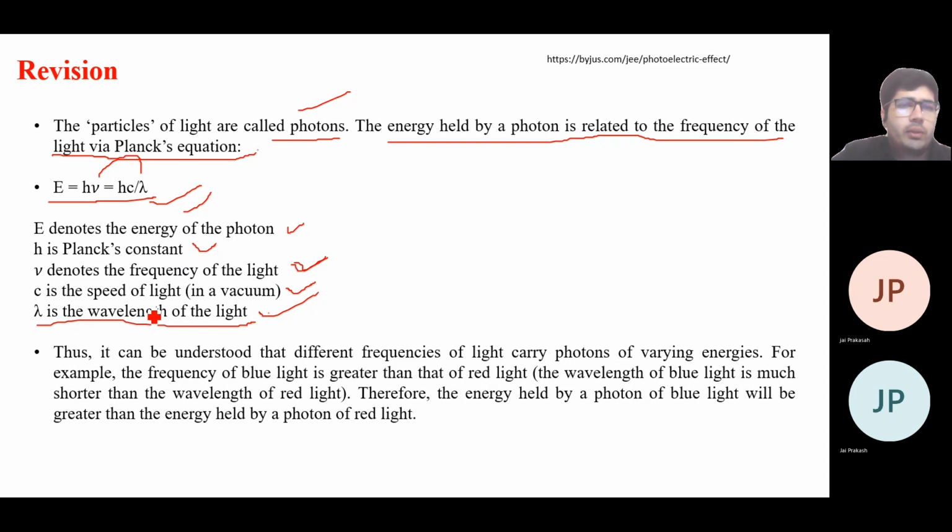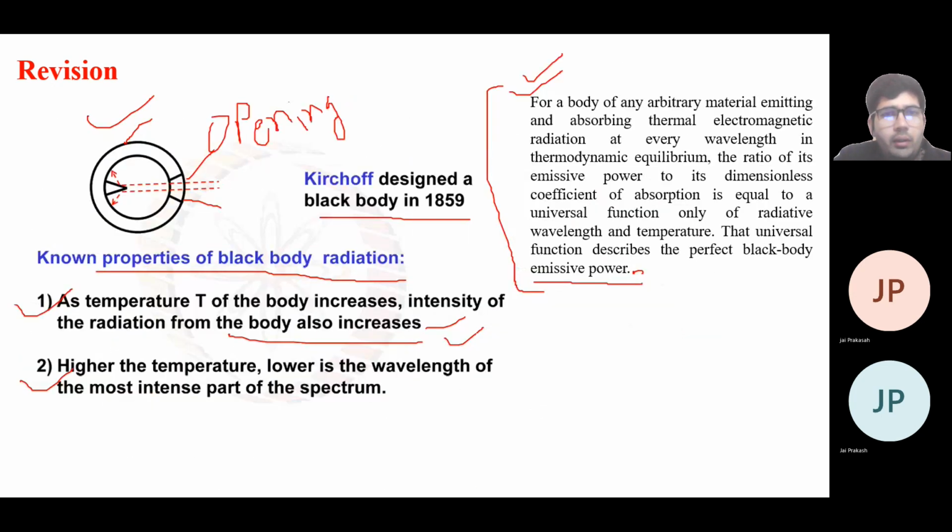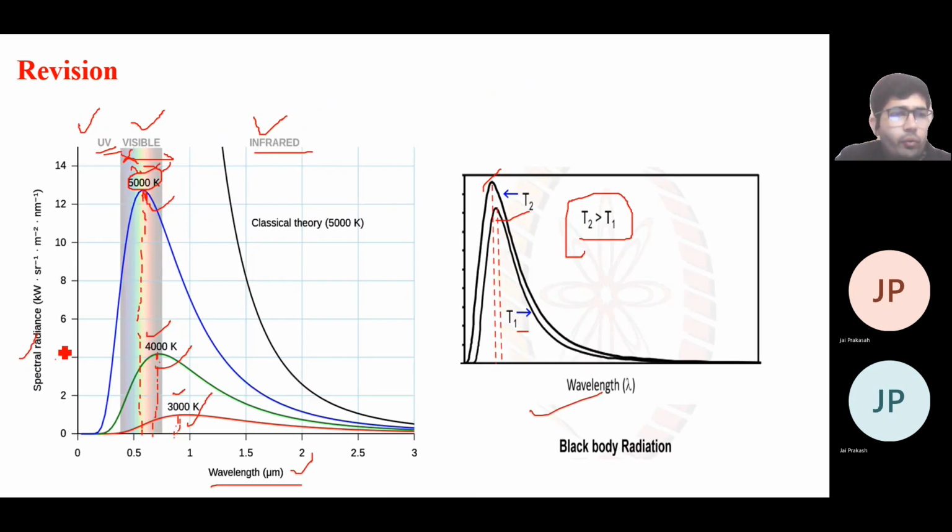Thus it can be understood that different frequencies of light carry photons of varying energies. In this slide we have seen that wavelength and spectral radiance are connected. Up to a certain wavelength the spectral radiance increases, and after that, if you further increase the wavelength, the spectral radiance decreases.